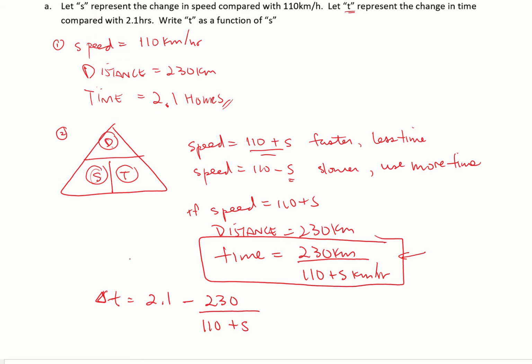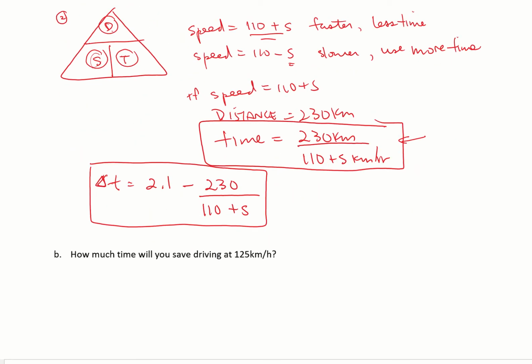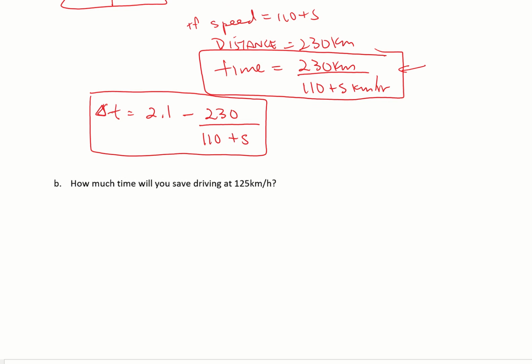So this will be the formula for the change in time as a function of the change in speed. Okay? That's part A. And then part B says, how much time will you save if you travel 125 kilometers per hour?